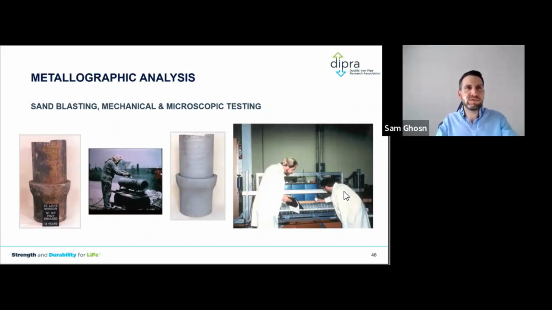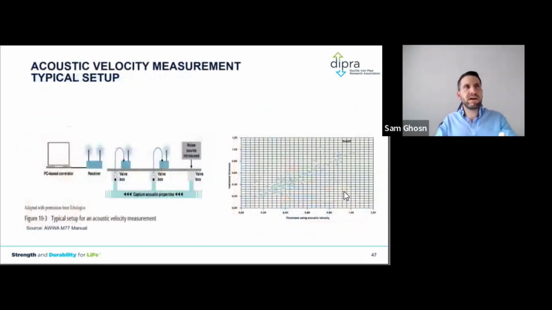And we have non-destructive tools like acoustic testing and electromagnetic testing that could do the job for us. Acoustic is very good. It is evolving these days. It gives us a good idea of variation in thickness of the wall of metallic pipes, from ductile iron to cast to steel.